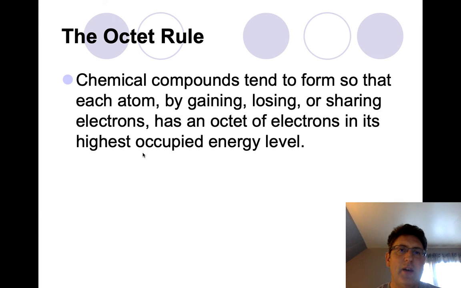When we form compounds, when these atoms get more stable, they do so by losing, gaining, or sharing, and specifically we're going to talk about sharing electrons with section 6.2. So they have an octet of electrons in their highest energy level, which is 8. So 8 electrons is going to be very important. We're also going to talk about the duet rule, which for hydrogen is 2. Hydrogen always needs to find one other electron to bond to.